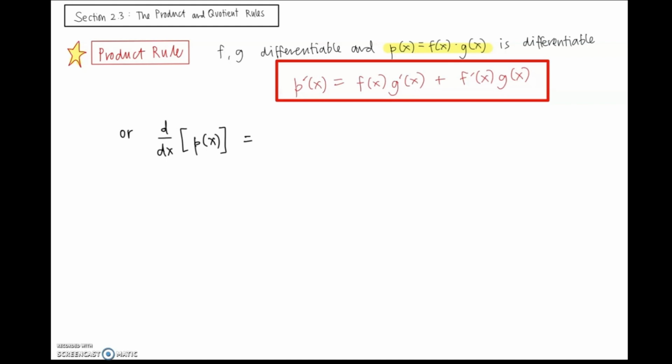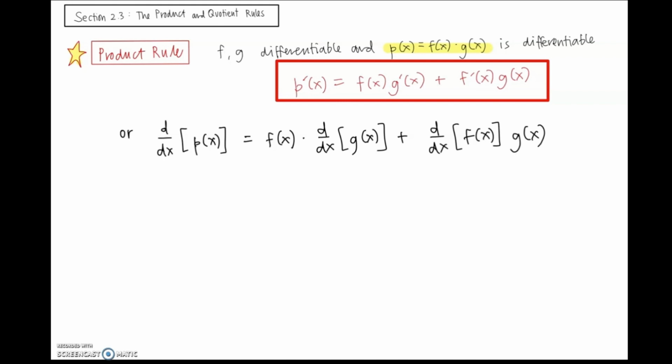And another way that you can write this is the derivative of p of x with respect to x would be f of x times the derivative with respect to x of g of x plus the derivative with respect to x of f of x times g of x.